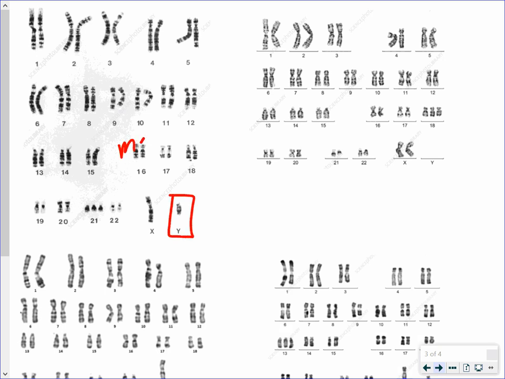So this will be a karyotype of a male. But if you count up the total number of chromosomes, this does have an extra chromosome. So we would refer to this as 2n plus 1. 2n, of course, is the 46, plus 1 equals 47 chromosomes in total.